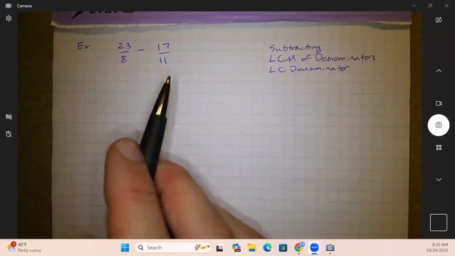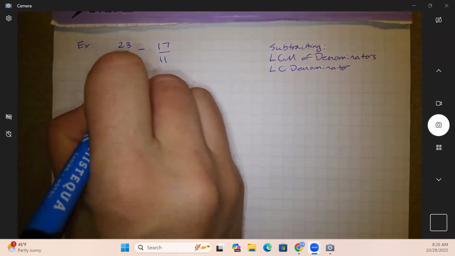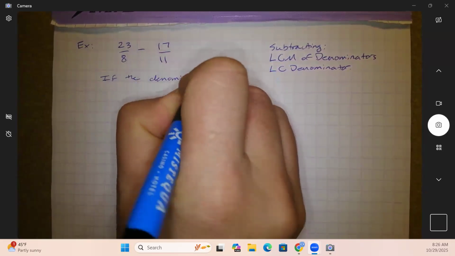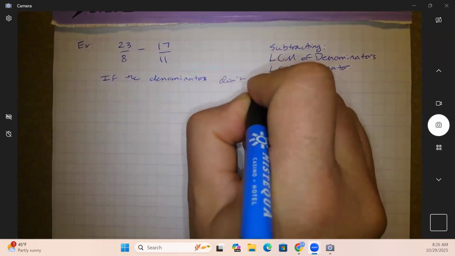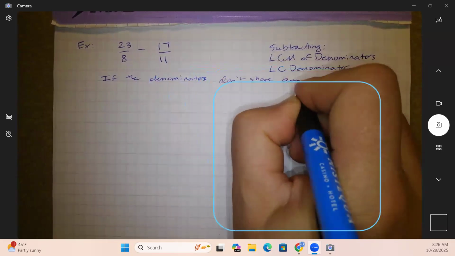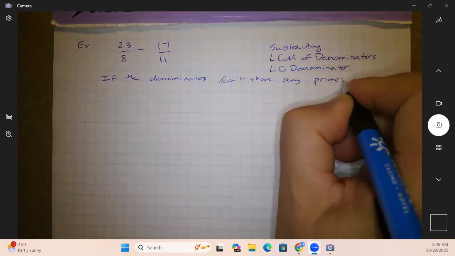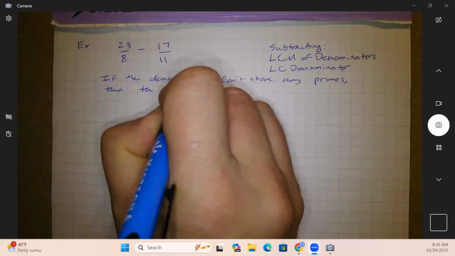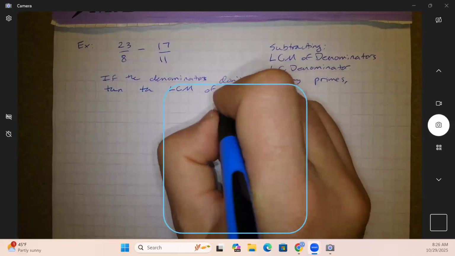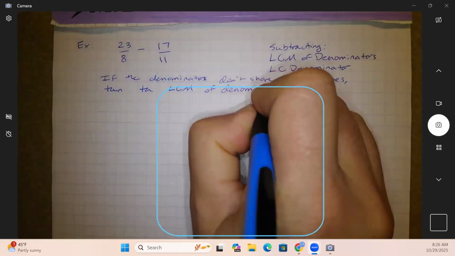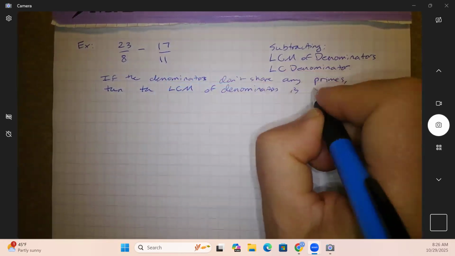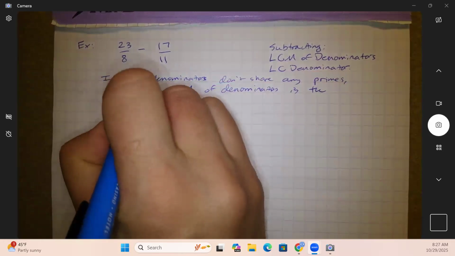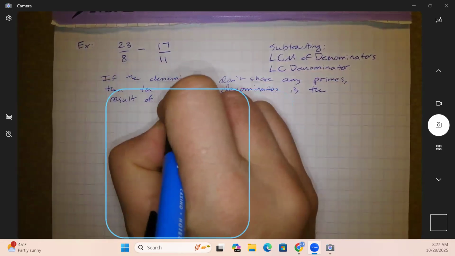If 8 and 11, so if the denominators don't share any primes, then the least common multiple of the denominators is just the product, the result of multiplying them.